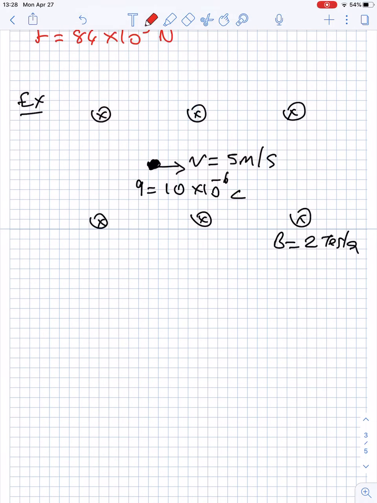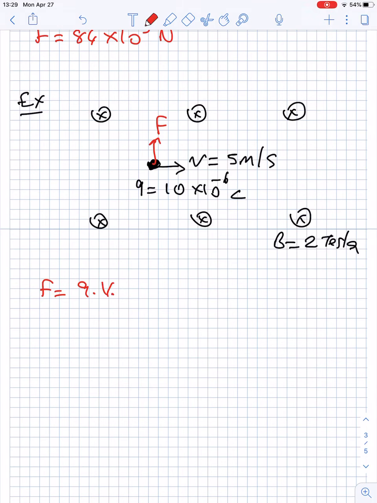Calculate the magnetic force, magnitude and direction. Here my thumb shows the direction of the velocity, my fingertips point into the page, and my palm direction is upwards.